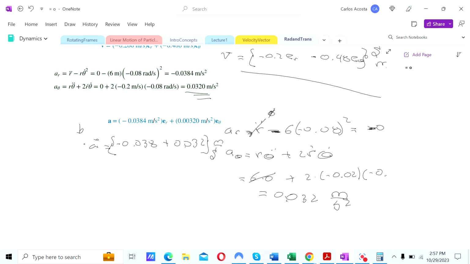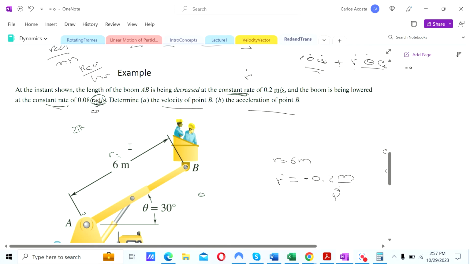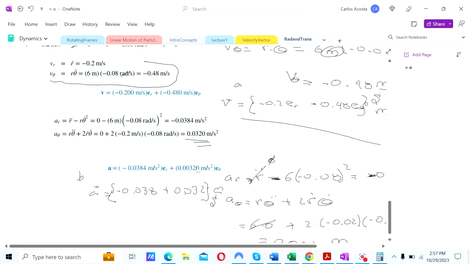So this is question B. Question A was, what is the velocity at point B? And the second question is, what's the acceleration at point B? So the velocity is this vectorially, sorry, right here, negative 0.2 in radial direction plus actually negative 0.48 in transversal direction.